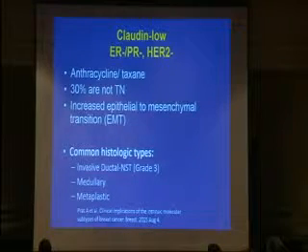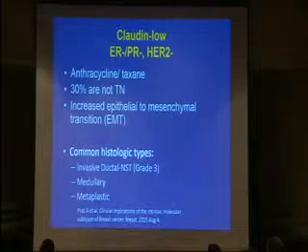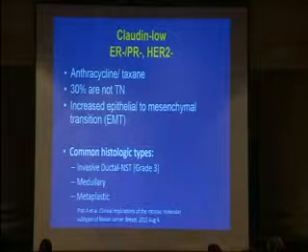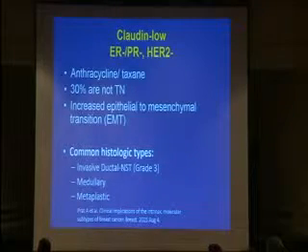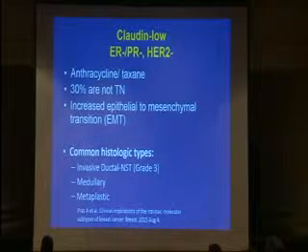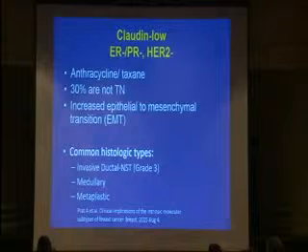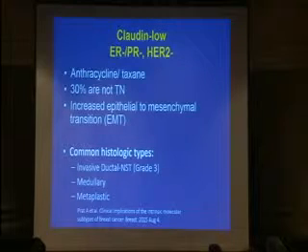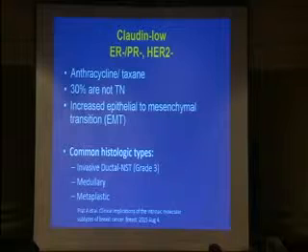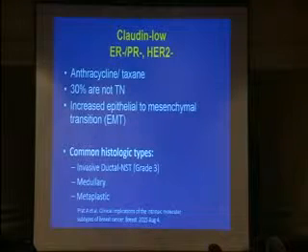So basically EMT is a phenomenon by which these cells start losing their epithelial gene expression and acquiring mesenchymal gene expression. So they acquire sarcomatous-like or mesenchymal-like gene expression that enables them, number one, to be more invasive locally, and number two, gives them more propensity to metastasize. So basically, they behave aggressively.